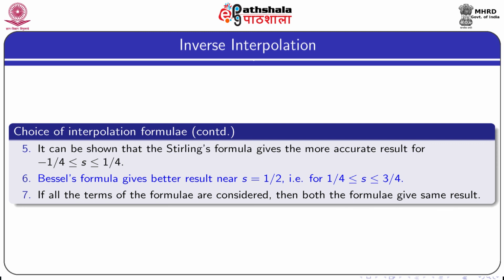In this module, we have discussed three inverse interpolation methods. One is the Lagrange interpolation method, and the other two are iterative inverse interpolation methods based on Newton's forward and backward interpolation formulas.